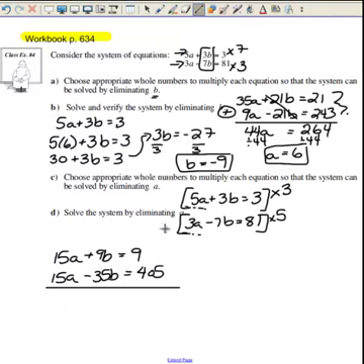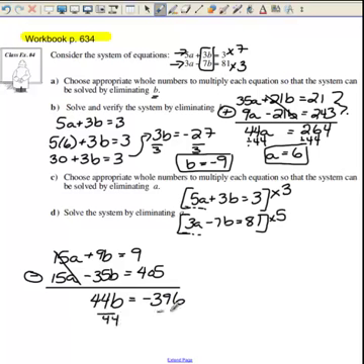And then just determine, do you need to add or do you need to subtract? Since I want to eliminate the 15a and the 15a, I want to subtract. Now it's easy with that first term, but pay really close attention to what happens to the b. I've got 9b minus negative 35b. So that's minus a negative. That means add. So 44b, and 9 minus 405 is actually negative 396.